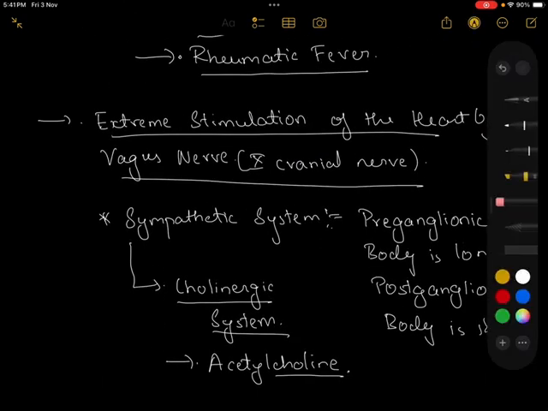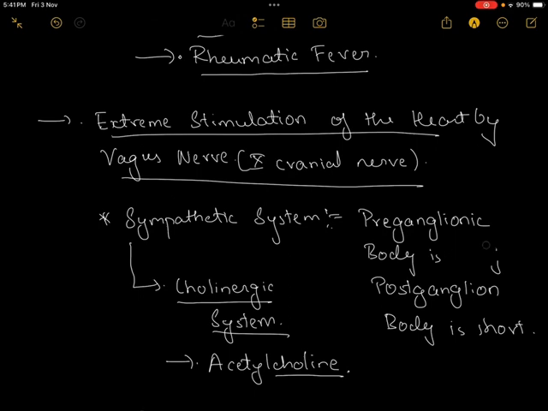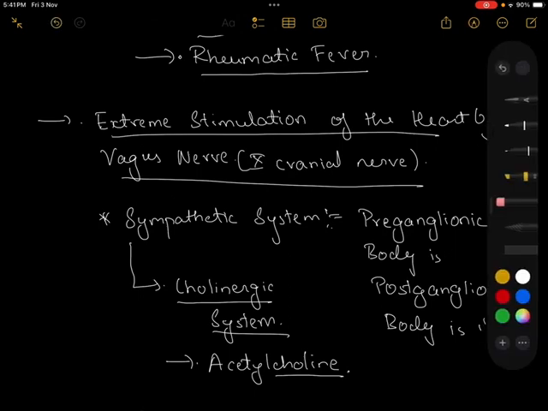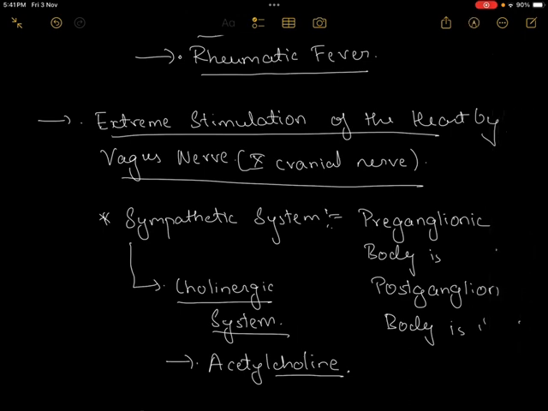I'm really extremely sorry for the mistake. So let me correct one of the statements. Usually, in the parasympathetic system, the preganglionic body is short and the postganglionic body is long.